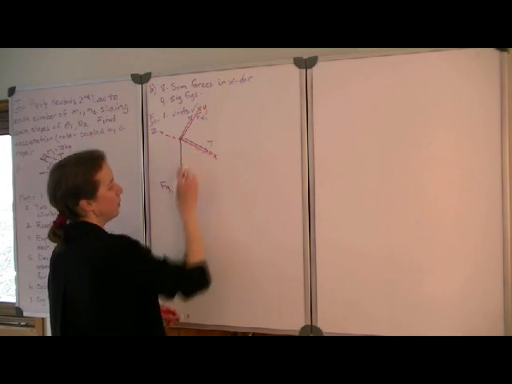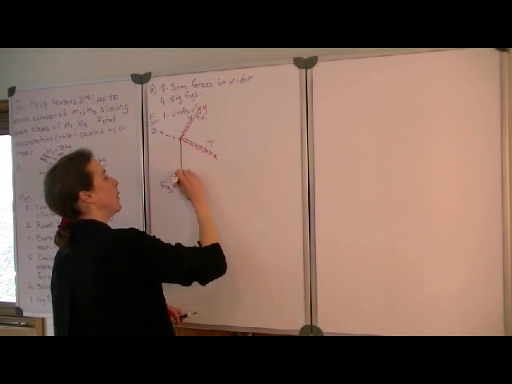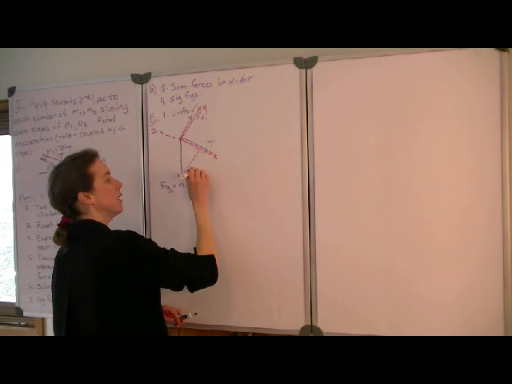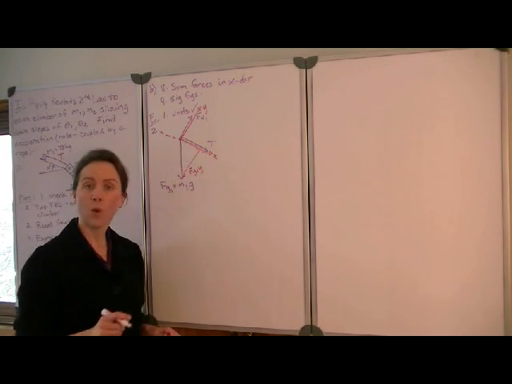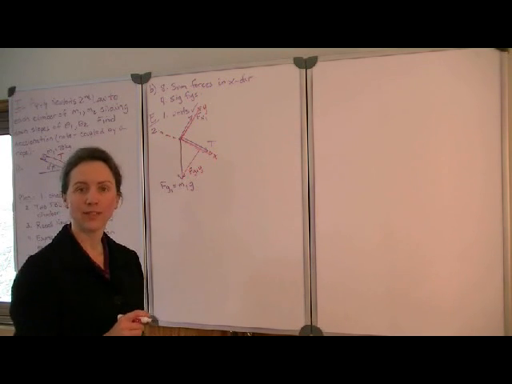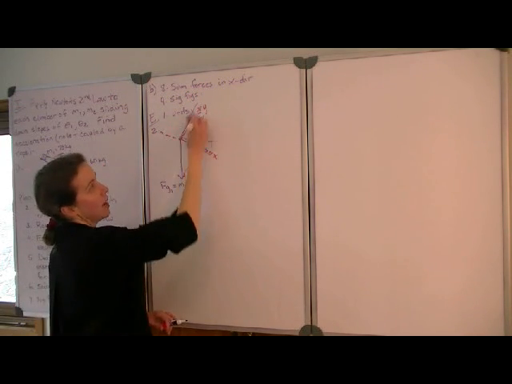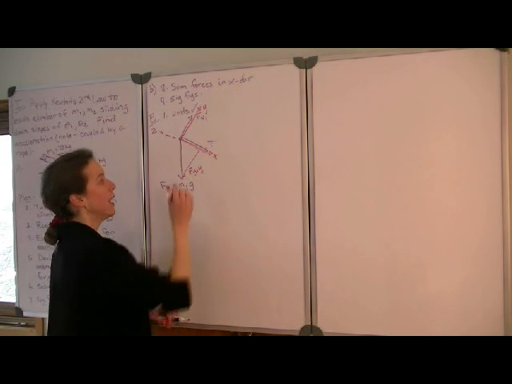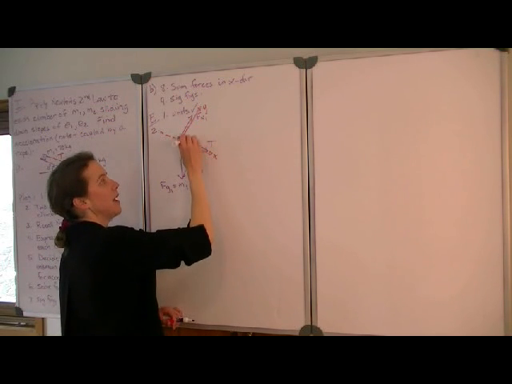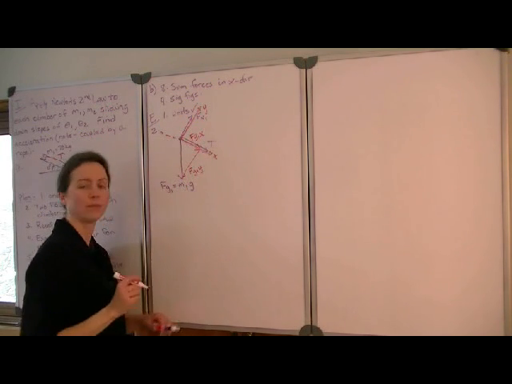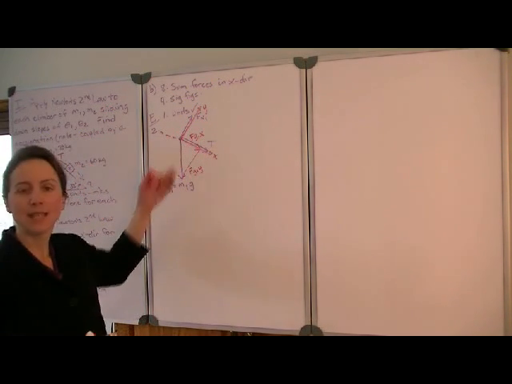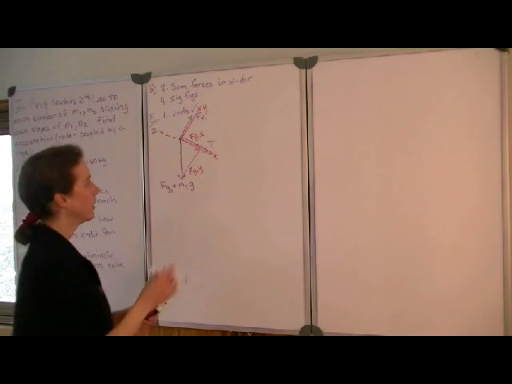The weight vector then will have a component of Fg1 sub y, that is the y direction that we've designated. However, it acts opposite to the direction of the normal force. And we have a component in the x direction, Fg1x. Now, how much is that? We do have to resolve that component.